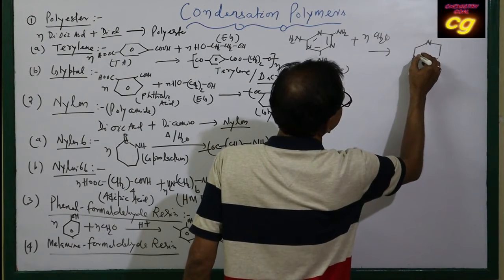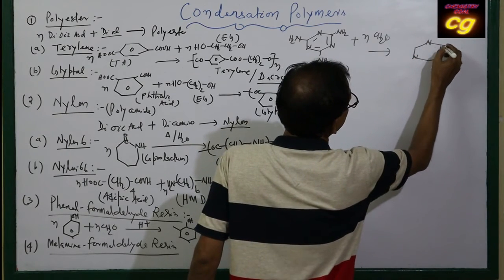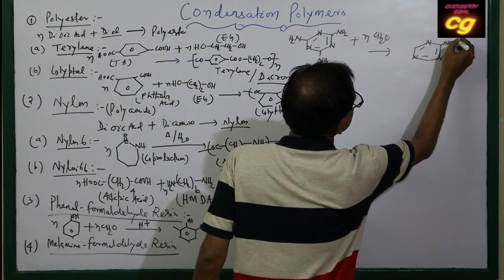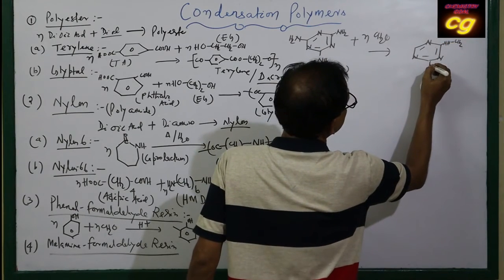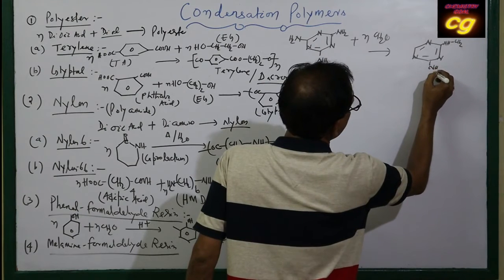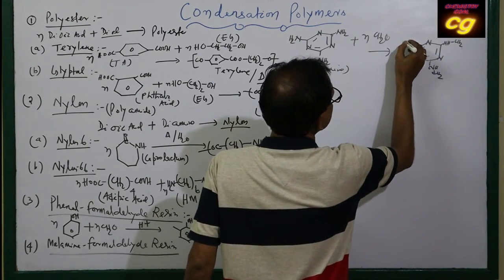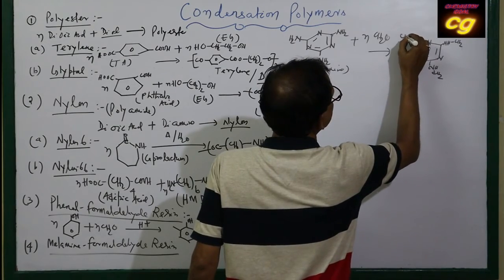If you draw this structure, this is N, then this position is NHCH2, this position will be NH and CH2, and this position also NH and CH2.